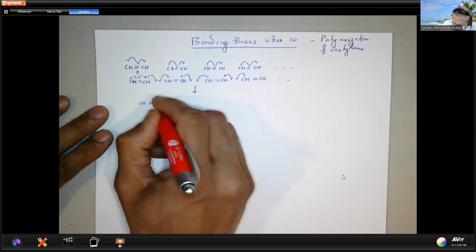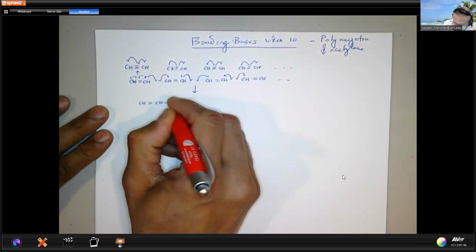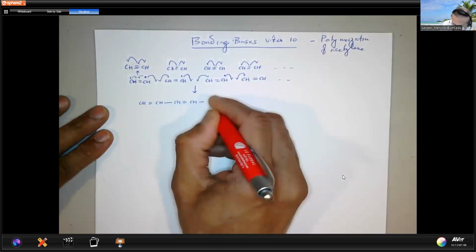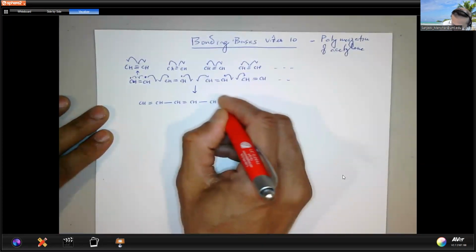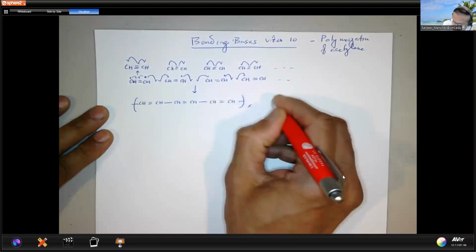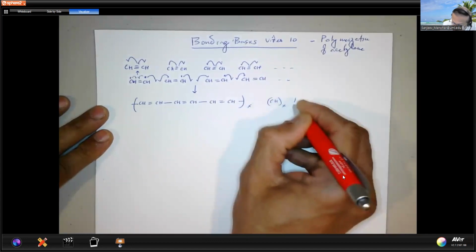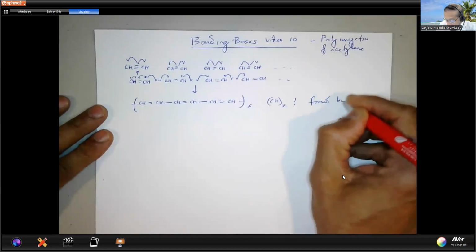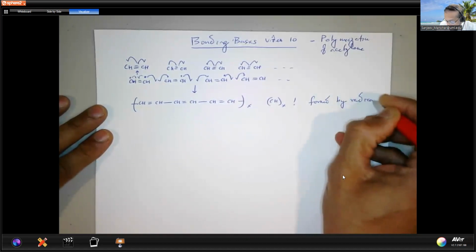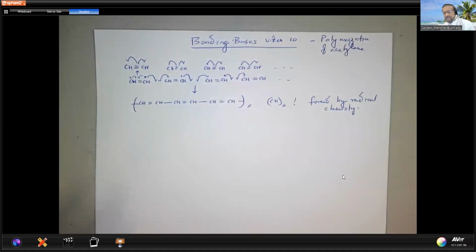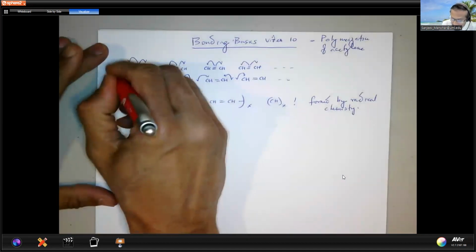CH, double bond, CH, then a new bond, CH, double bond, CH, then a new bond, CH, double bond, CH. That's your CHX, just formed by radical chemistry. This is all homolytic cleavage.